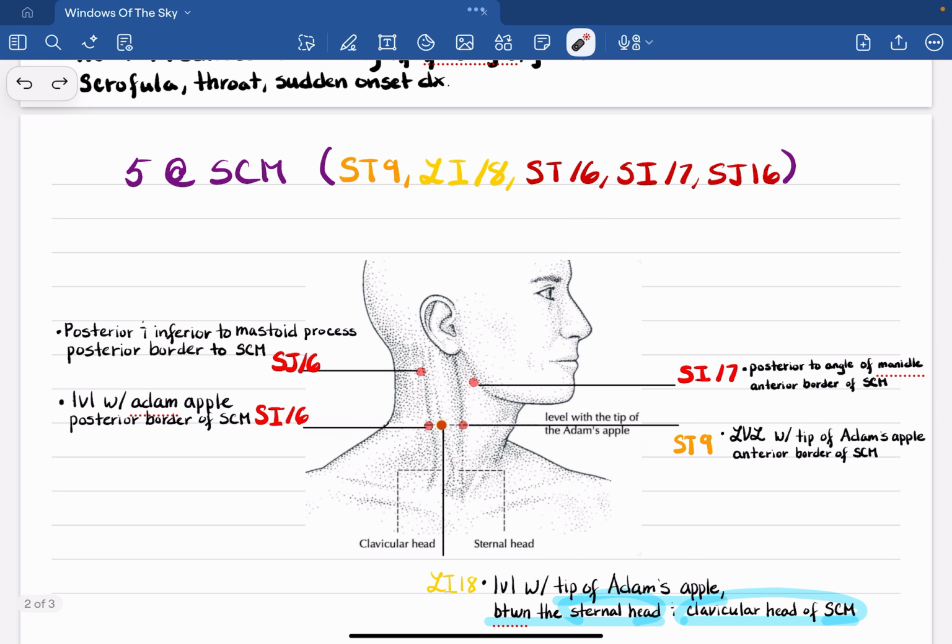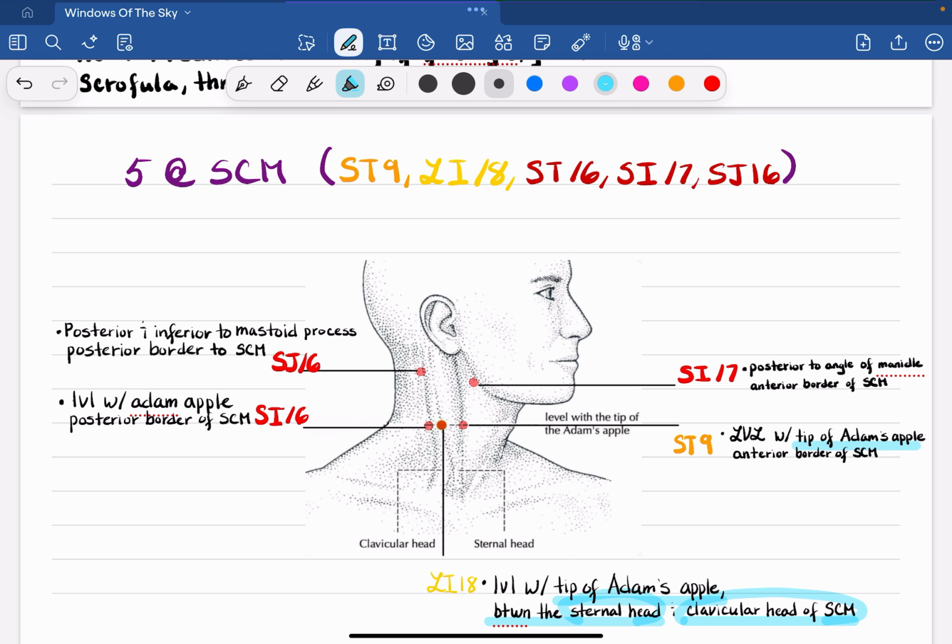And then after that, we have the stomach, because it's large intestine, and then we have the stomach. So stomach 9 is also level with the tip of the Adam's apple. So the same thing, you find the Adam's apple, but where is it? It's anterior to the border of SCM. So you know that the SCM border would be here, and then the Adam's apple is level with it. So you know that this is stomach 9. I'm going to highlight a few points here.